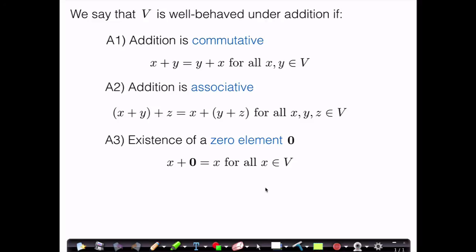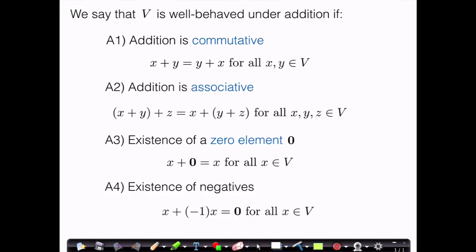The vector where all coordinates are 0 has this property that whenever we add it to anything, it doesn't change what we add it to. In the case of matrices, the zero element would just be the all zero matrix, the matrix whose every entry is 0.